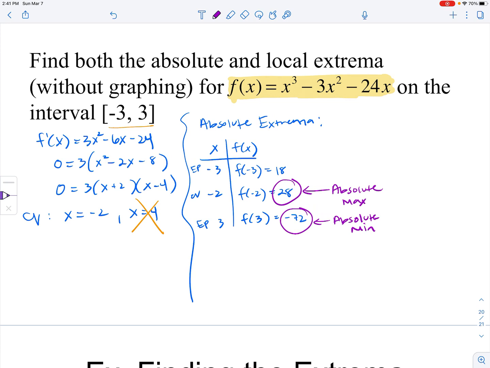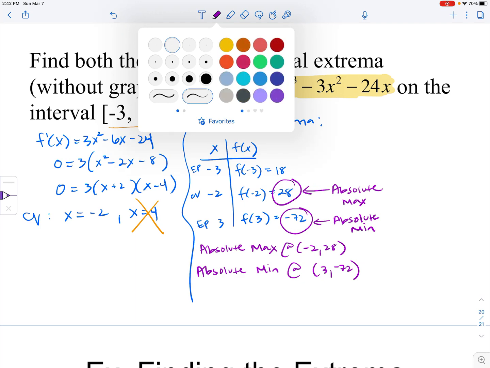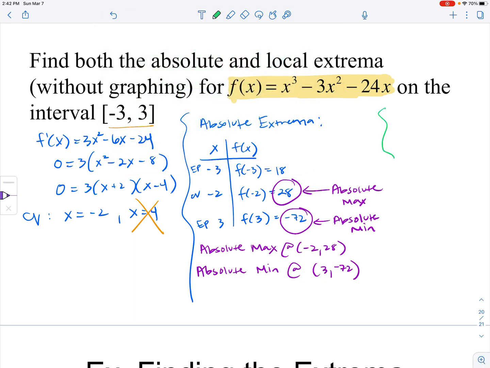That's the absolute min. If you're being asked for just their values, those are them. If you're being asked for the points or the location of the absolute extrema, that means that the absolute max is at negative 2 comma 28, and the absolute min is at 3 comma negative 72.